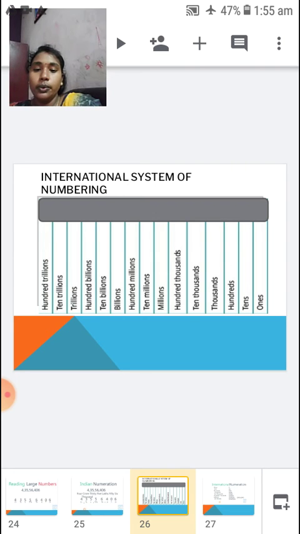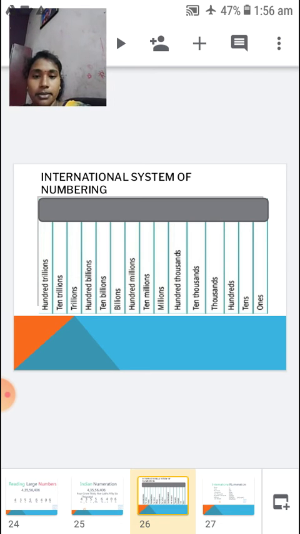Okay, so here we have ones, tens, hundreds, comma, 1,000, 10,000, 100,000, comma, million, 10 million, 100 million, comma, billion, 10 billion, 100 billion, comma, trillion, 10 trillion, 100 trillion, comma.